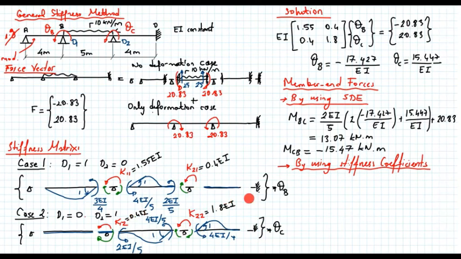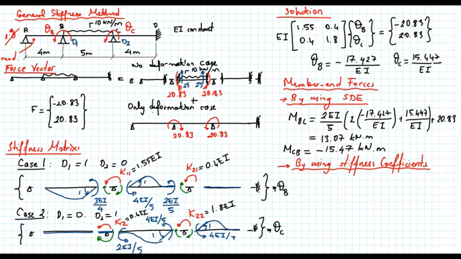Plus we have the effect of theta B. So what is the effect of theta B on member BC? It's right here in these coefficients. When I multiply 4EI over 5 by theta B, I find the moment here due to theta B. Likewise, when I multiply 2EI over 5 with theta B, I find the moment at this end. When I add these moments, I have calculated the moments due to theta B and theta C. In other words, we calculated the moments due to only the deformation case, and I have to add the fixed end moments from the non-deformation case.